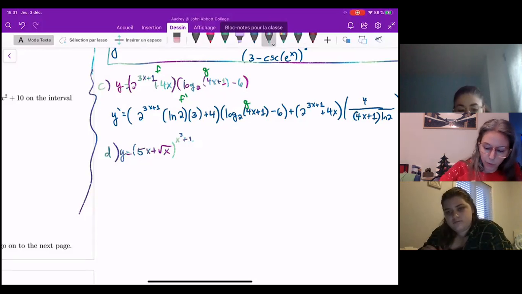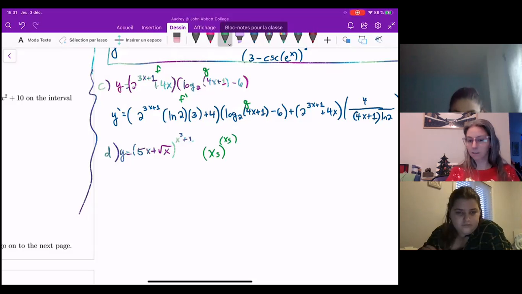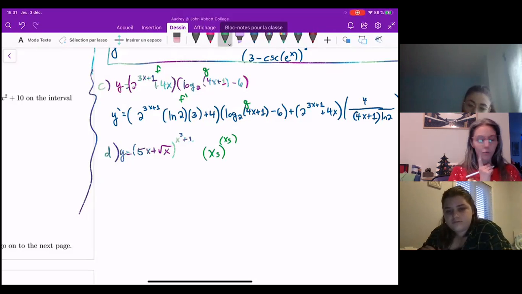Okay. Do I have x's down here in my base? Do I have x's up here in my exponent? And when I do, what does that tell me I have to use? You got it.